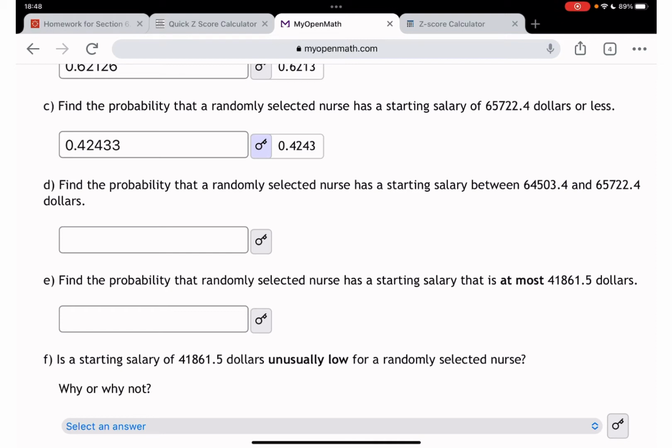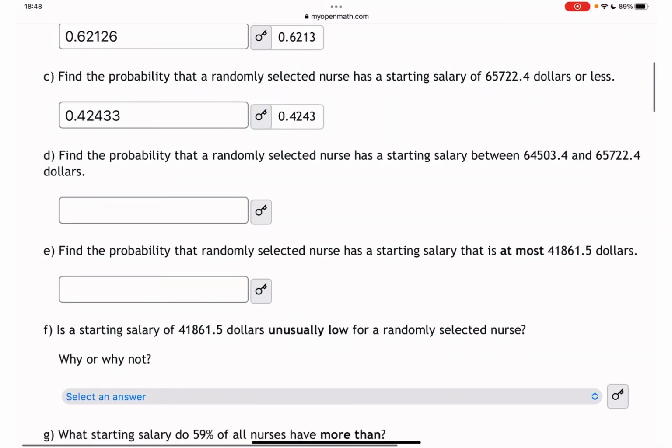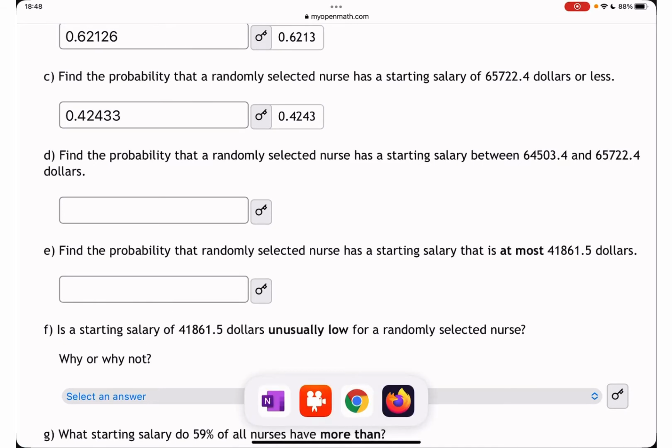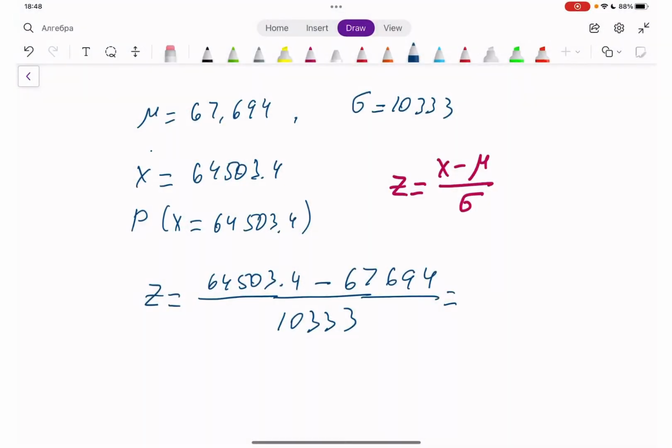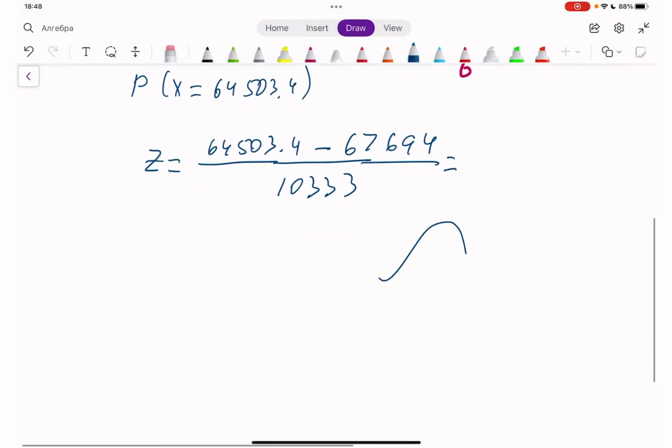Next one, we need to find the probability that a randomly selected nurse has a starting salary between this much and this much. Let me explain what we have in this case. Let's say between x1 and x2. First salary x1, second salary x2.